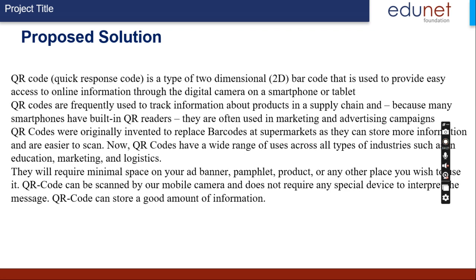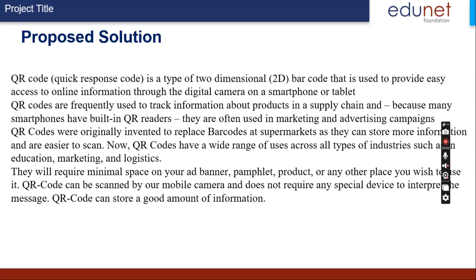QR codes are frequently used to track information about products in a supply chain, and because many smartphones have built-in QR readers, they are often used in marketing and advertising campaigns. QR codes were originally invented to replace barcodes at supermarkets as they can store more information and are easier to scan.